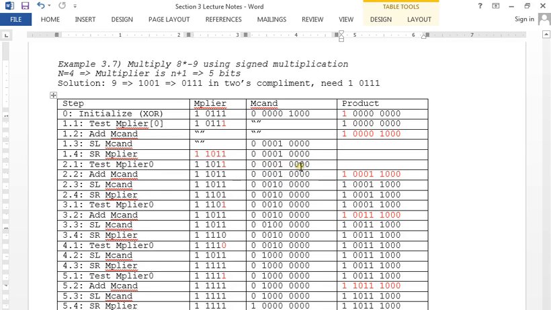You tested it, you add the multiplicand, and then you get the new result. Again, we shift the multiplicand left, so you see this 1 bit is shifted here, and everything remains 0. Shift right multiplier, we see how it's shifting right again.